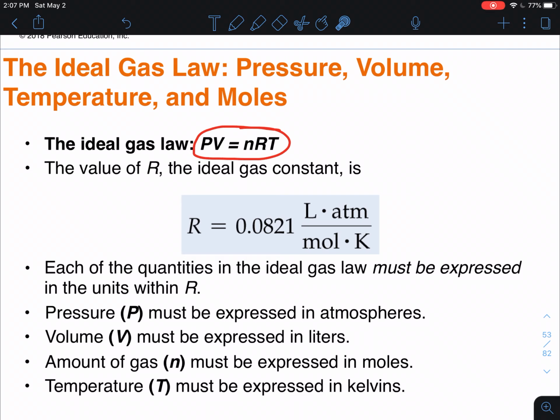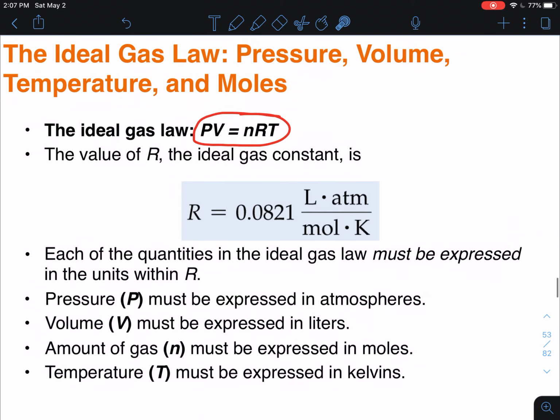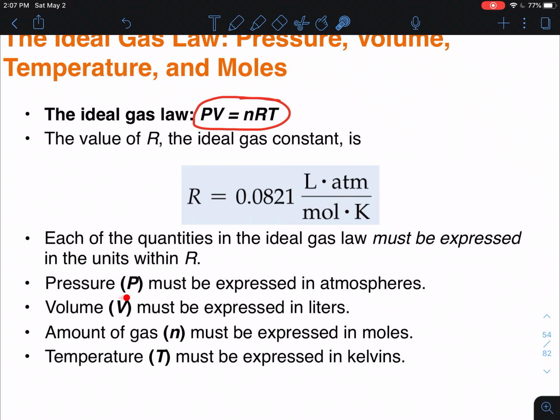So each of the quantities in the ideal gas law must be expressed in the units within R. Pressure must be in atmospheres, volume in liters, amount of gas in moles, and temperature in Kelvin, because this value for R has these units associated with it.